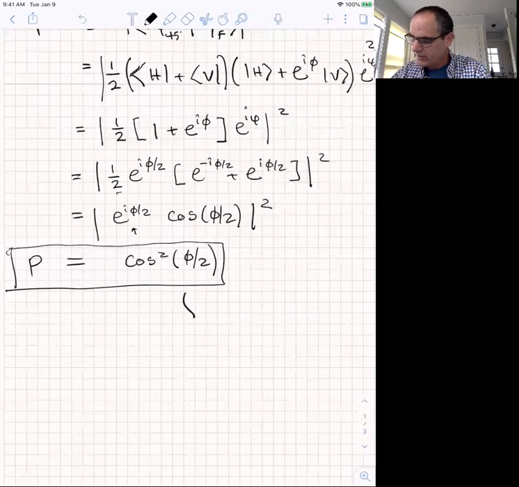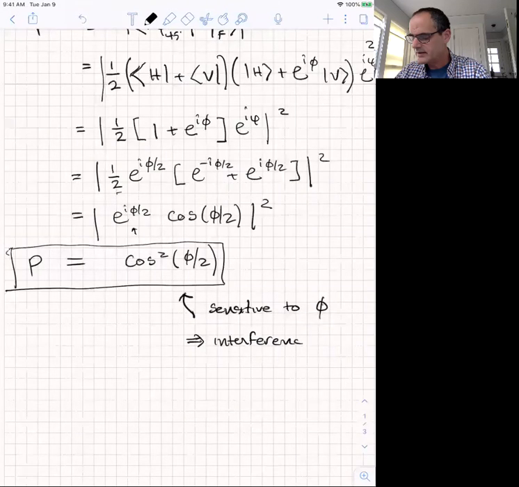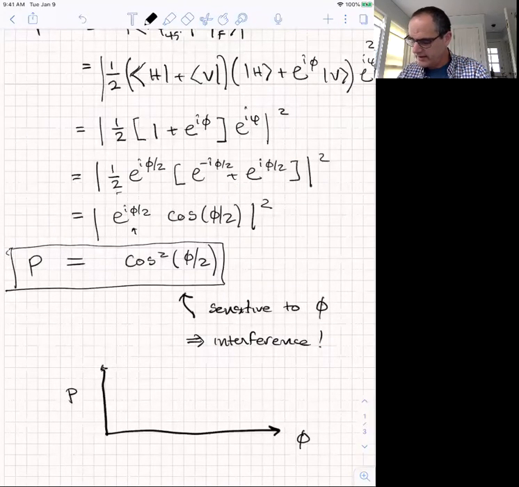So now this, of course, is very sensitive to the exact value of phi, and so that means we're going to see interference. Because what we expect is that if we look at P as a function of phi, we should see it vary like cosine squared.